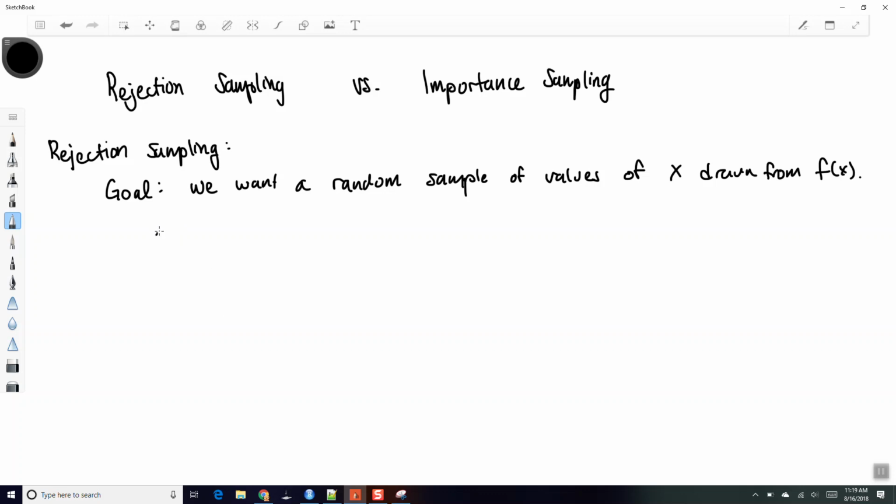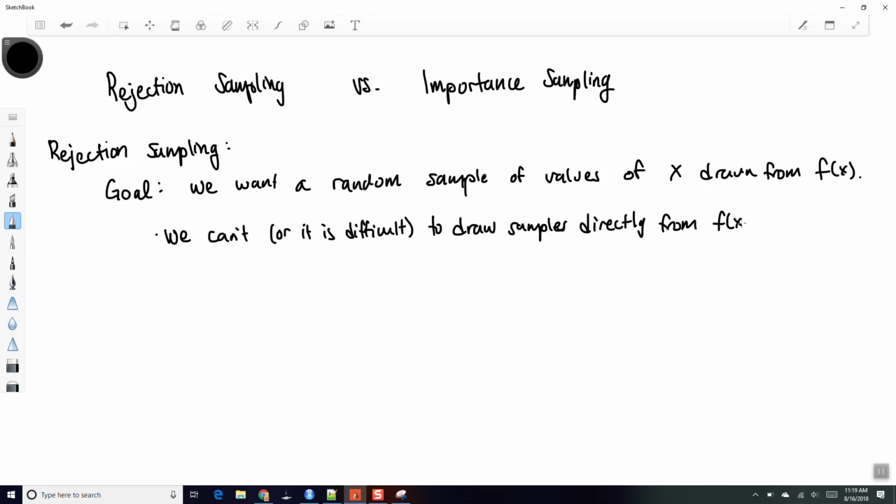This part is similar, right? We can't, or it is difficult to draw samples directly from f of x, okay?